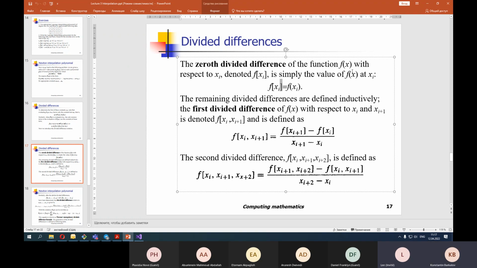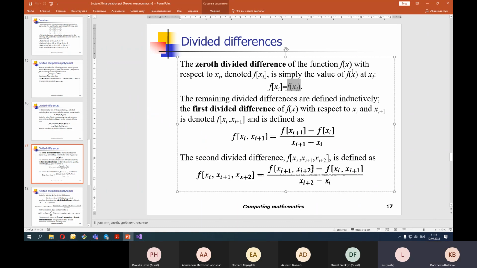To indicate the divided difference value, I will use square brackets. So the zeroth divided difference is just the value of the function. And the remaining divided differences are defined inductively.